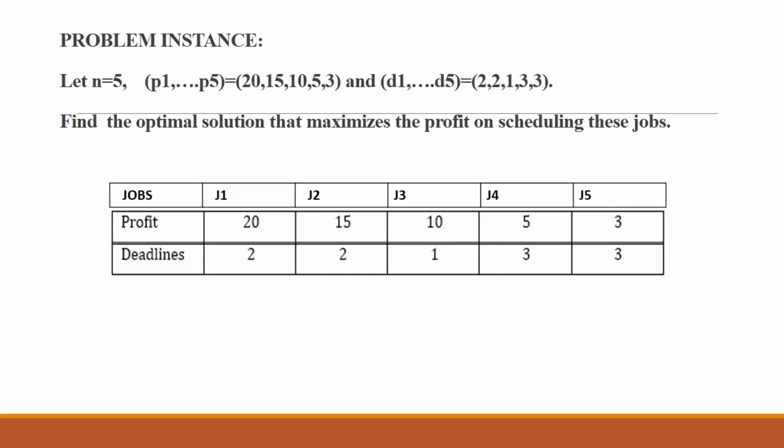n is nothing but the number of jobs, and we have the profits P1 to P5 and deadlines D1 to D5. So first job's profit, second job's profit, third, fourth and fifth job's profit, and the first job's deadline, second, third, fourth and fifth respectively, are shown in the table.